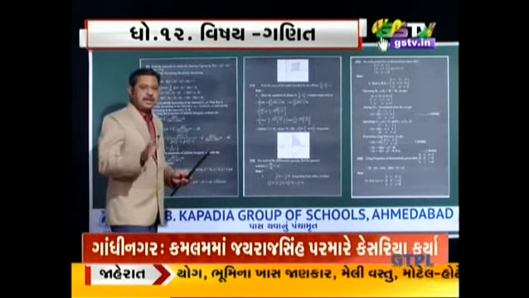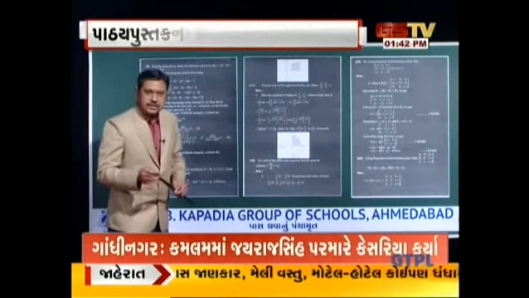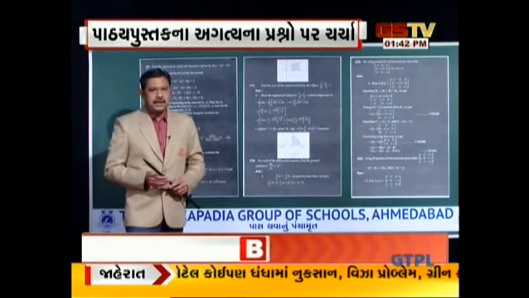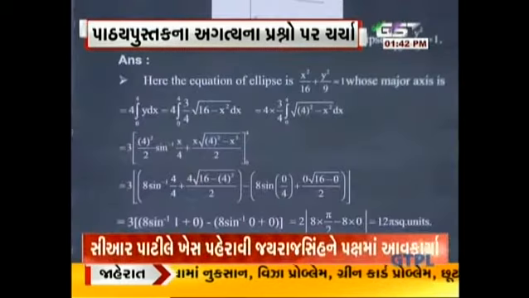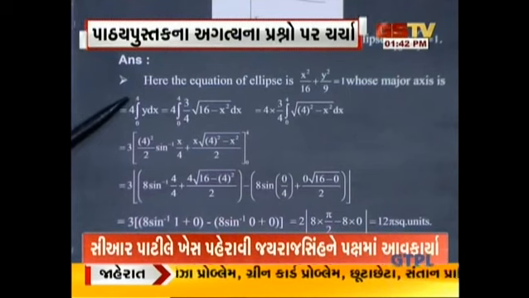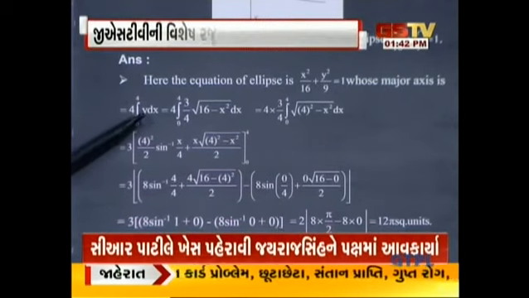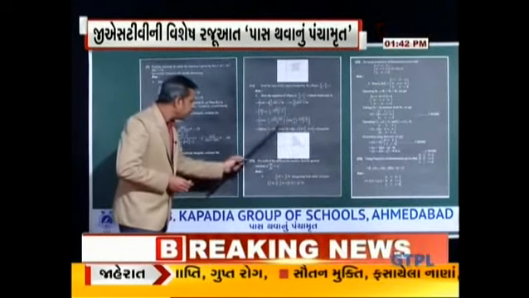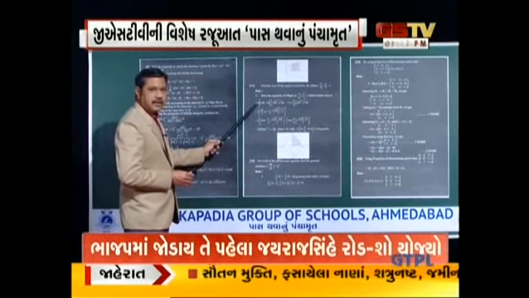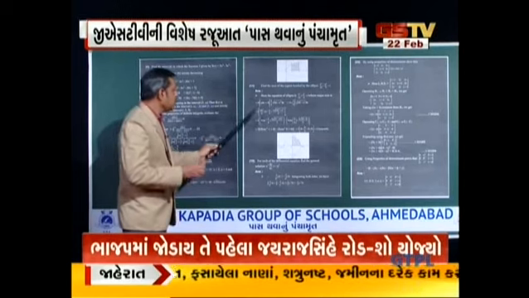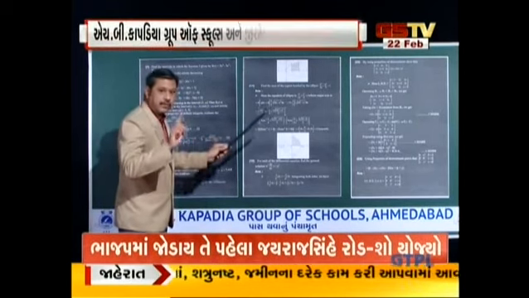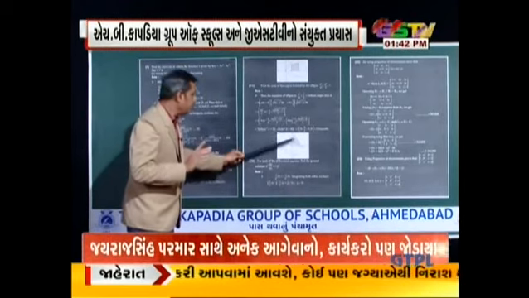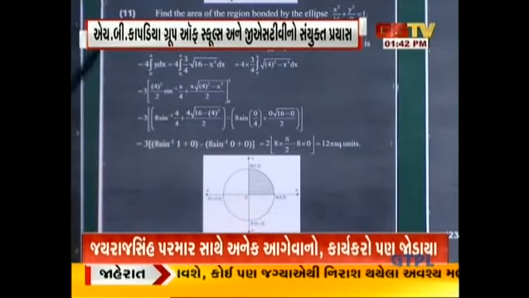As you know very well, the area with respect to the x-axis is found by the formula integration a to b y dx. So here, integration 0 to 4 y dx, and we have to find the complete area, so we multiply by 4, because in this integration we only find the area of the first quadrant. So we multiply by 4 to find the total area.